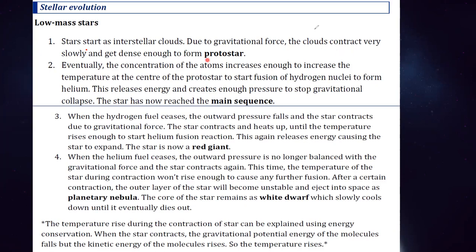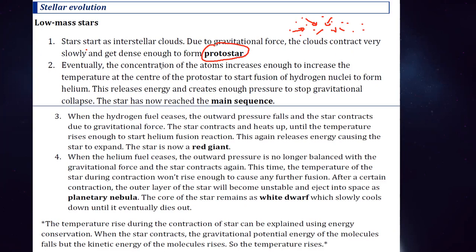First, things were scattered. In an interstellar cloud, all the things are spread out. But as they come closer to each other, it becomes more dense, and it turns into a protostar.